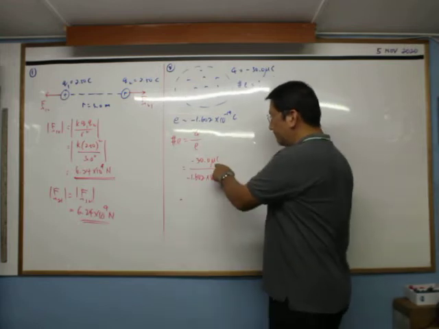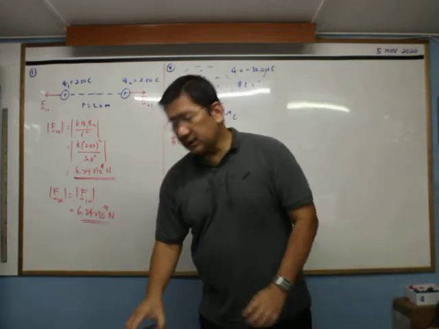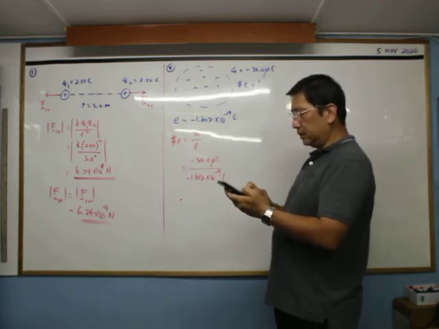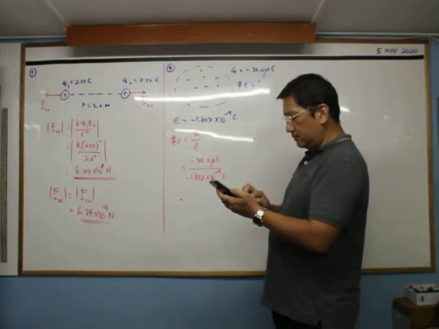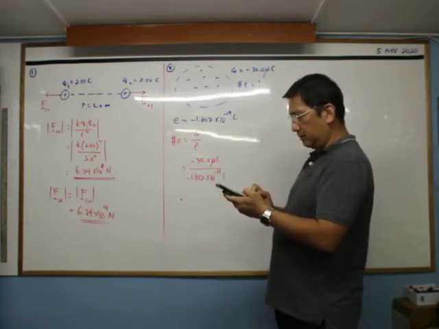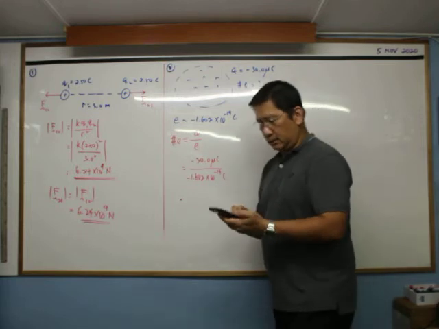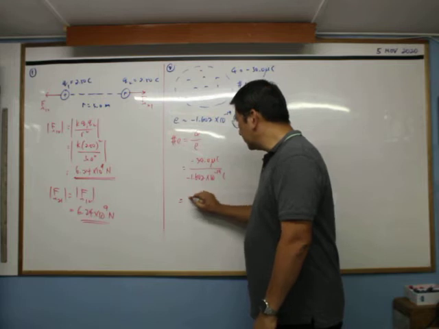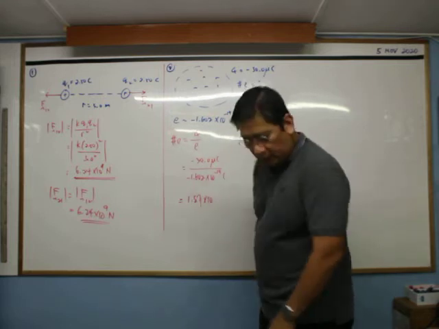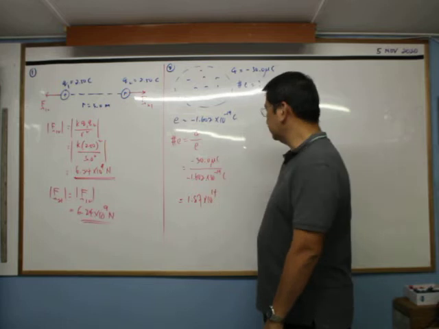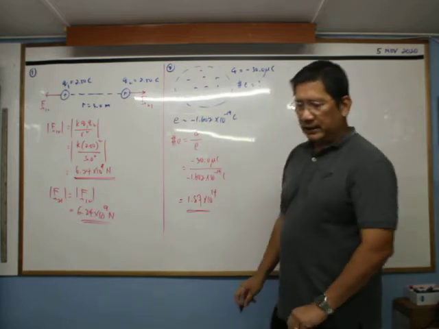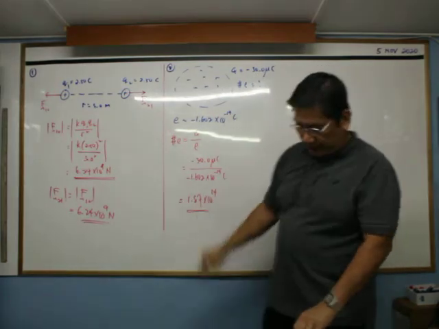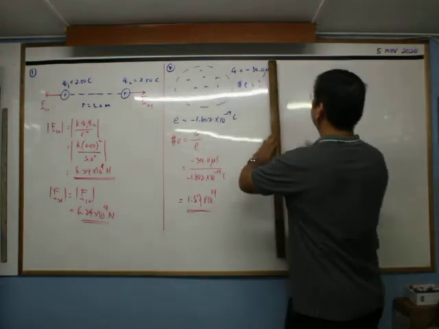Be careful with the micro: micro is 10 to the power minus 6. So we have 30 × 10^-6 divided by 1.602 × 10^-19. We got the answer 1.87 × 10^14. This is the total number of electrons needed to produce this amount of charge. So that is question number 2.